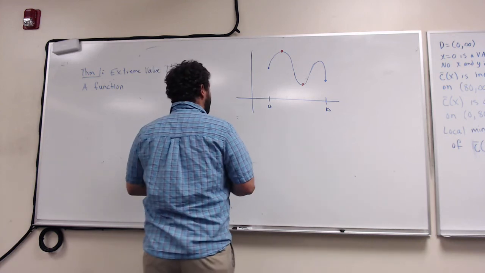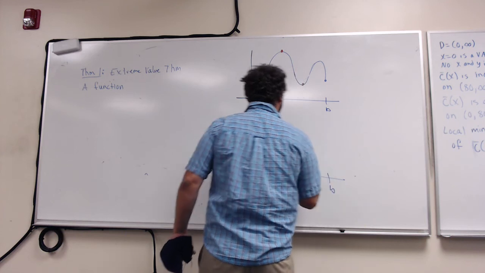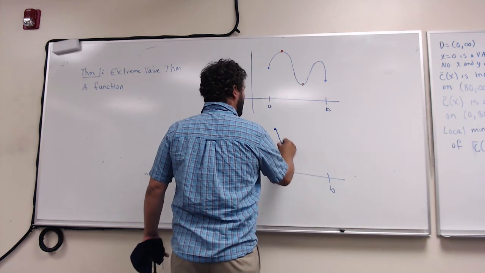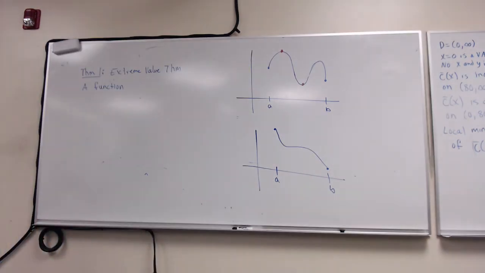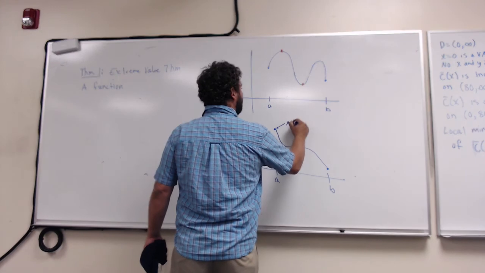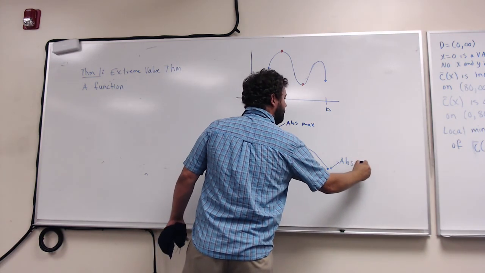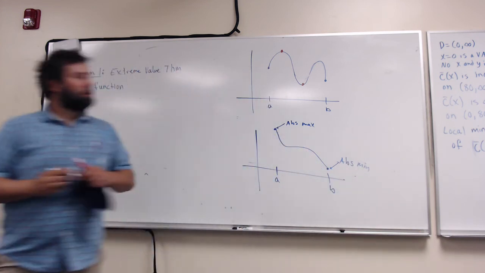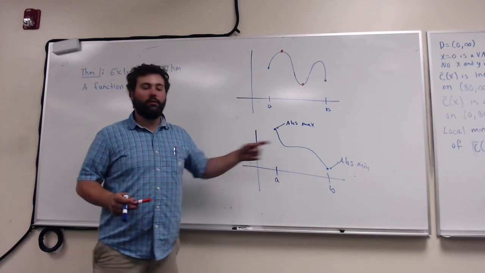Other ways this can happen: the endpoints themselves could be where the max or min are. Maybe I have a function that just decreases the whole time. Then this would be the absolute max and this would be the absolute min. So in this case, the endpoints give you the extremes.